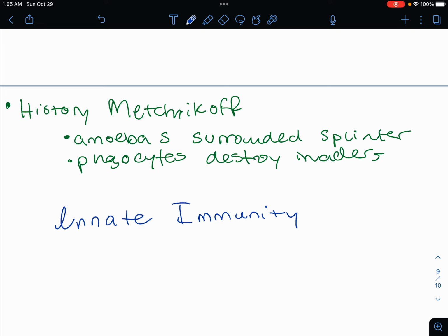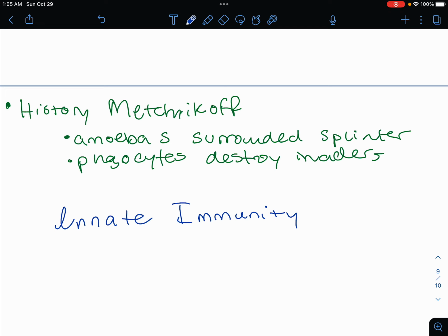So let's get started here with innate immunity, also known as the generalized immune response of the body against pathogens. So a little history. A scientist named Ilya Menchikov from Russia, aka the Soviet Union at the time. This was in the 1900s, so it's still going to be the Soviet Union.